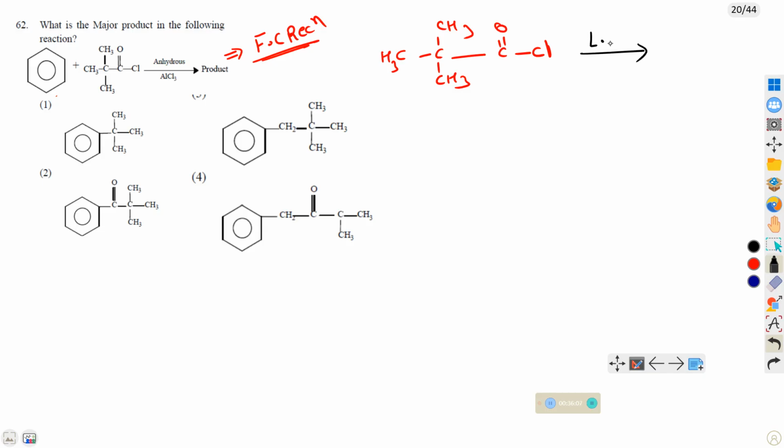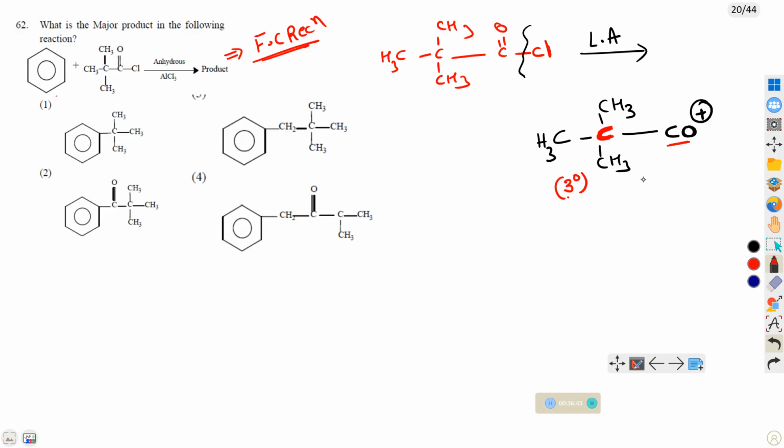In the presence of the Lewis acid, it generates the electrophile, (CH3)3C-CO plus. Here this carbon atom is which carbon atom? A 3-degree carbon atom, attached to the carbonyl group. How many alkyl groups are attached? 3 alkyl groups are attached.